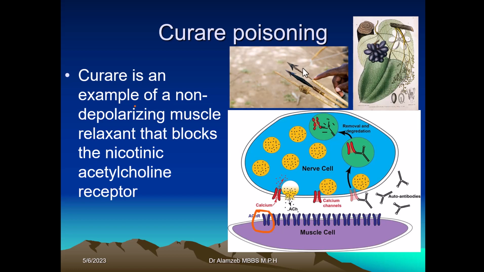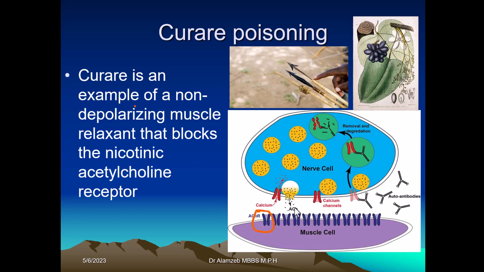The mechanism of action of this poison is to block the acetylcholine receptor on the muscle fiber.